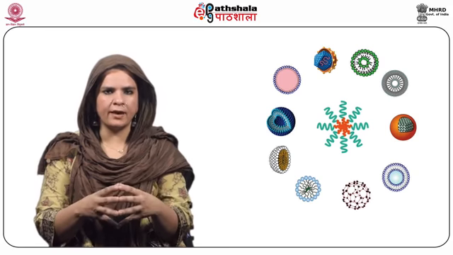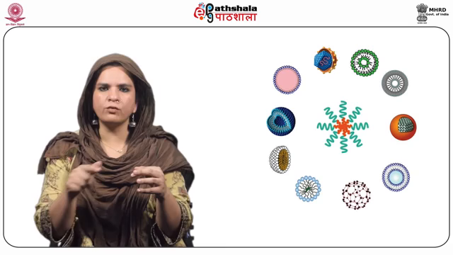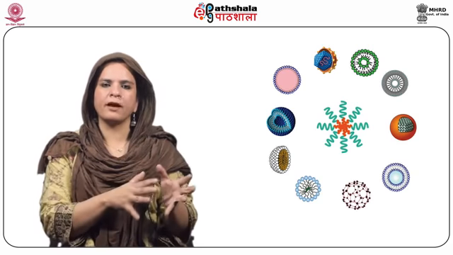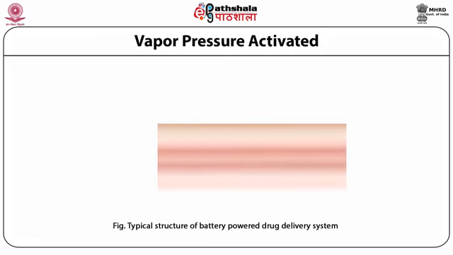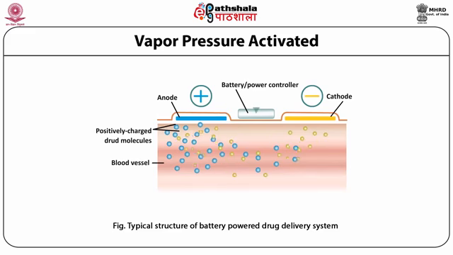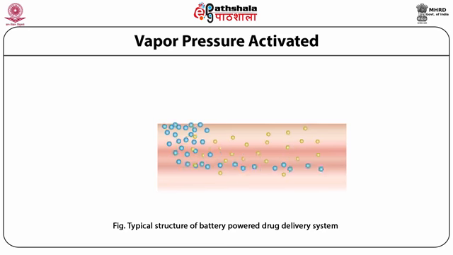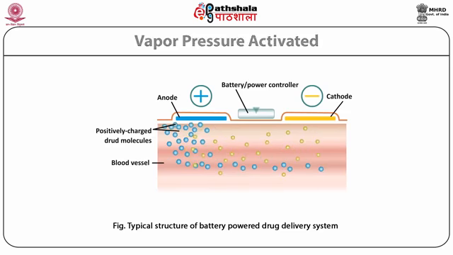They are designed in a manner that the drug moves only in the forward direction towards the exit and never in the backward direction. In front of your screen is a very typical diagram of the battery-powered drug delivery implant system. You can see the presence of the anode and the cathode and the movement of the positively charged drug molecules through the blood vessels.